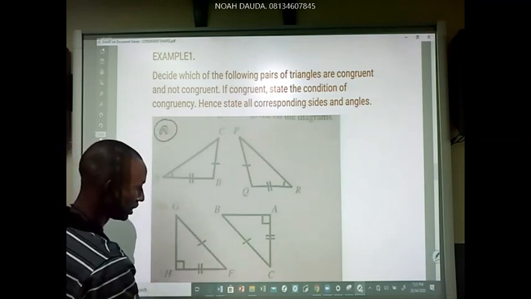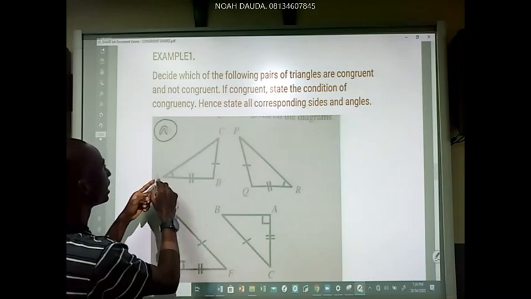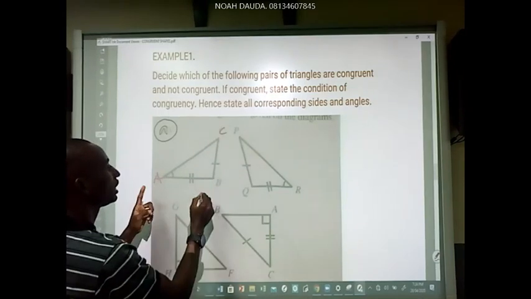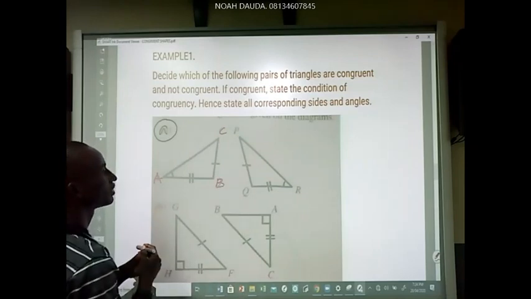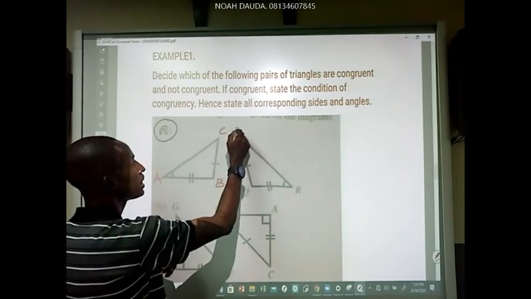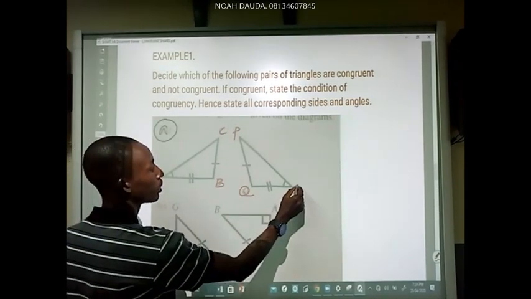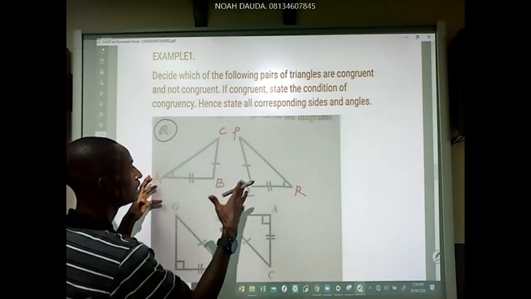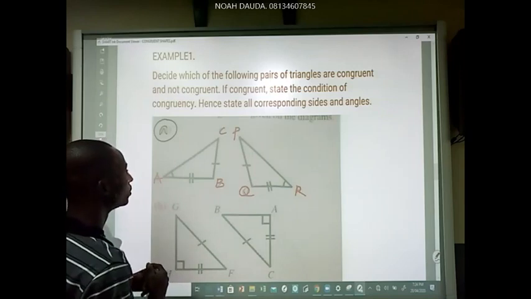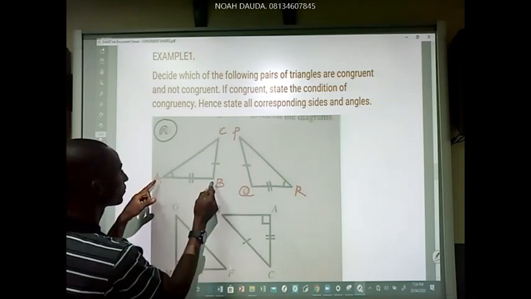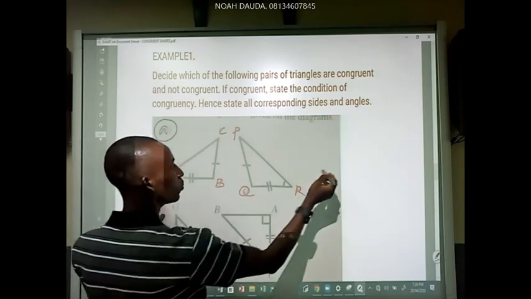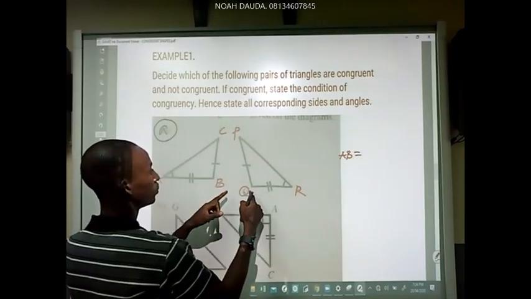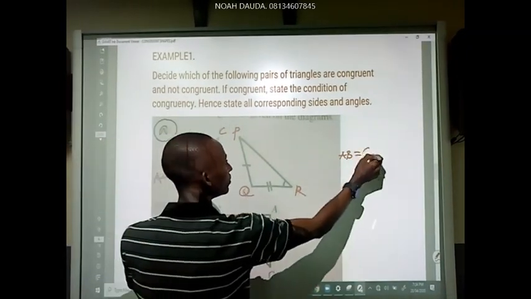And what does A say? Now look at this diagram. We have A here, C here, and B here. Now we have our P here, Q here, and R here. Let's look at the relationship between these two triangles. Now AB is equal to QR.